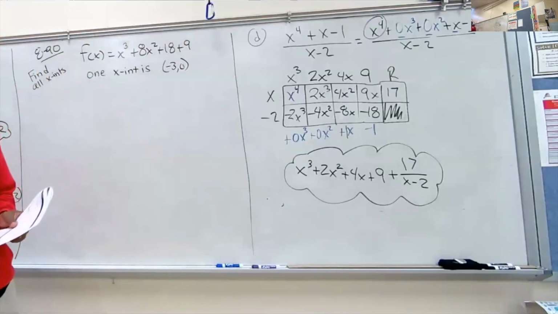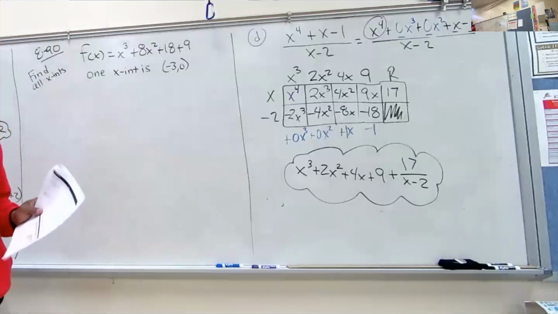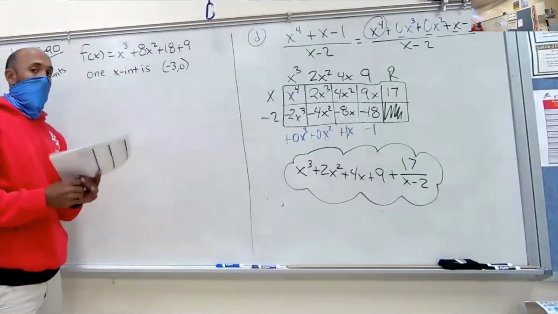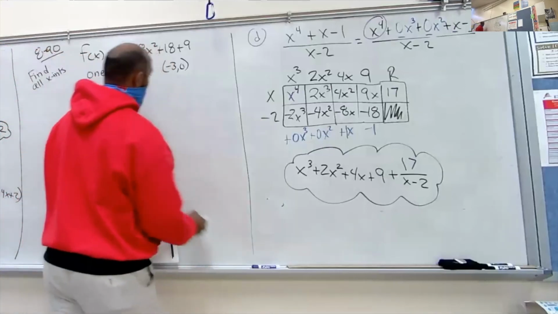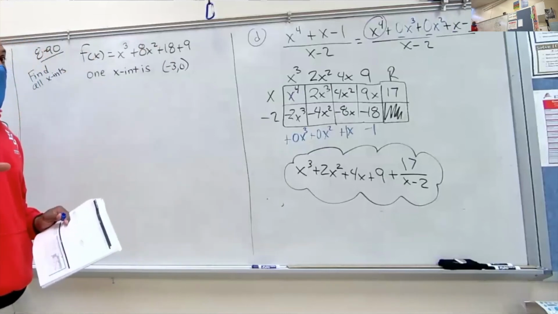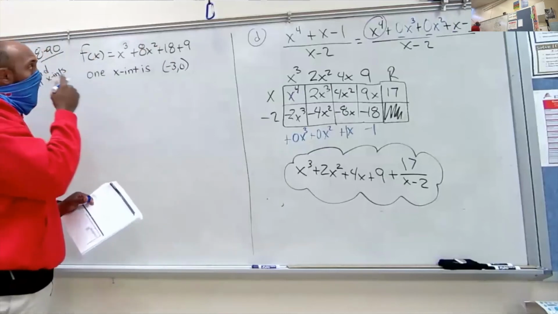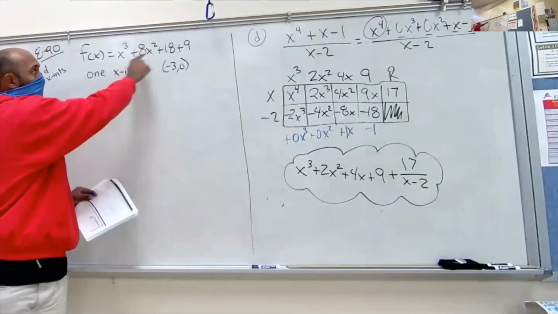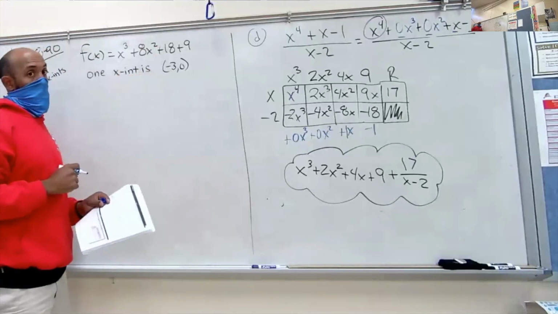Now, before I start solving this, let's know where we need to end. I already have one. And if you guys remember from yesterday, I can determine how many total x-intercepts I have by looking at the degree. What is the degree of that polynomial? 3.